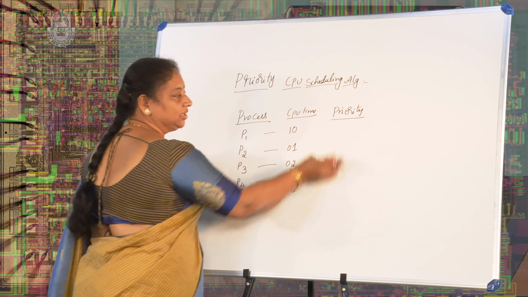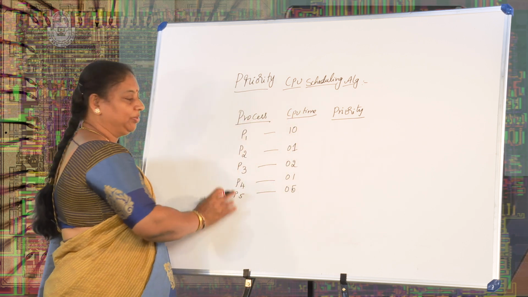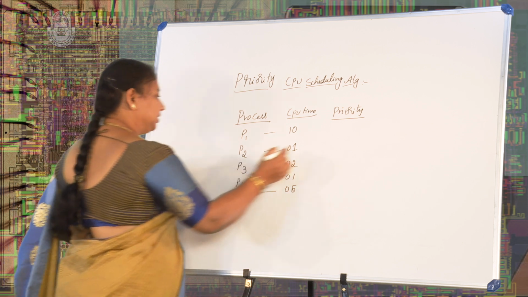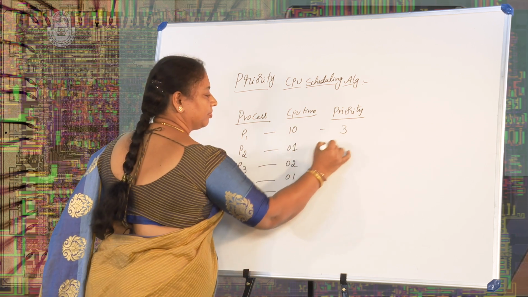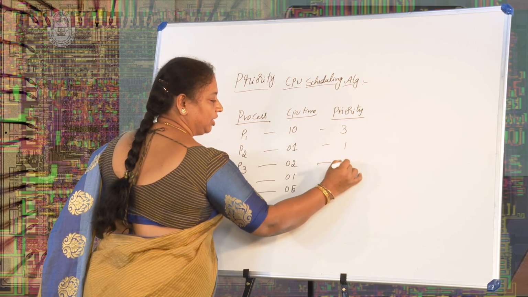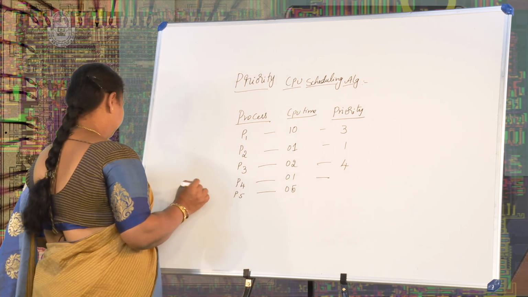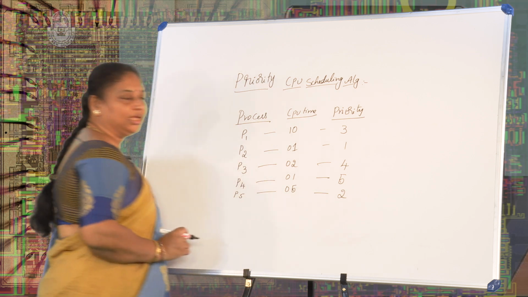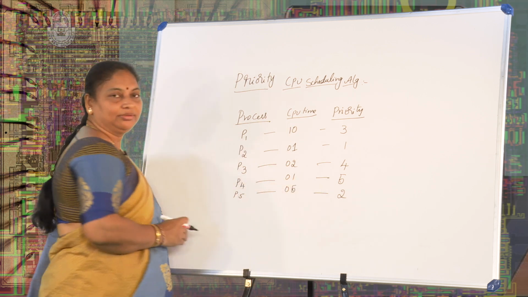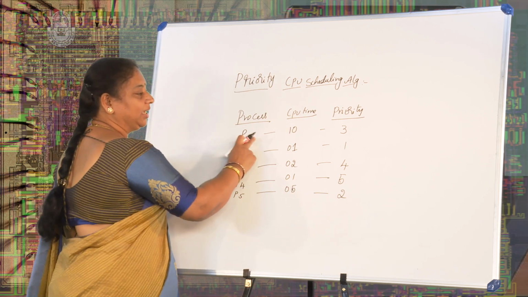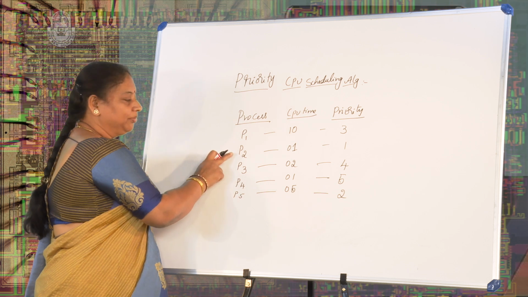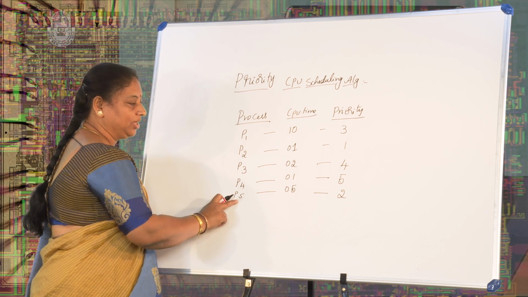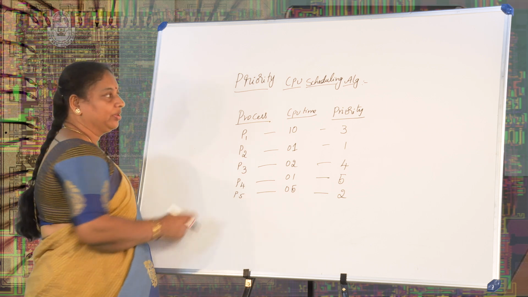This is the pre-assigned priority for each process, and say the priority assigned to the processes is in this order: P1 has priority 3, P2 1, P3 4, P4 5, and P5 2.